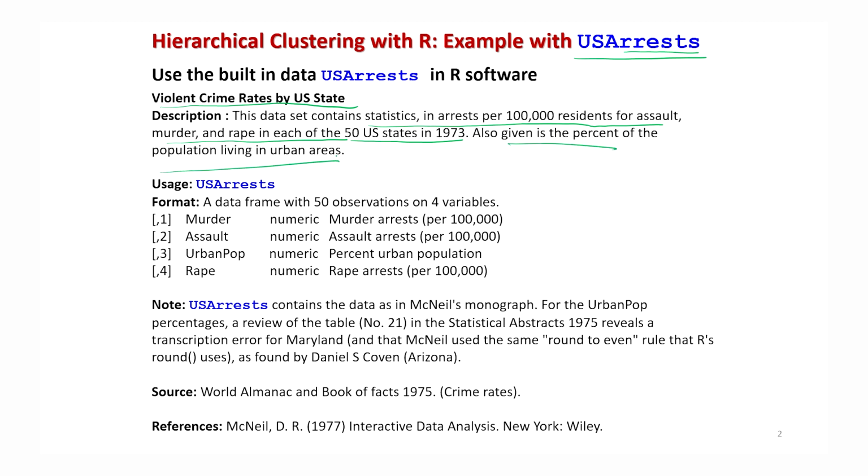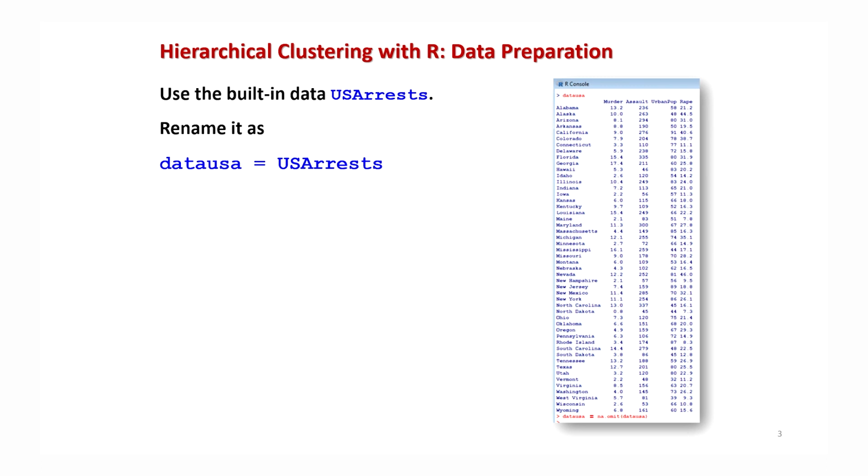Essentially, I'm not interested in this story, but what I want to understand is that we have here 4 variables, and on each variable we have 50 observations, which are indicated here: murder, assault, urban population, and rape. Right. So all this data is there, and here are the details which I have simply taken from the R software. Anyway, this is not a big deal for us now.